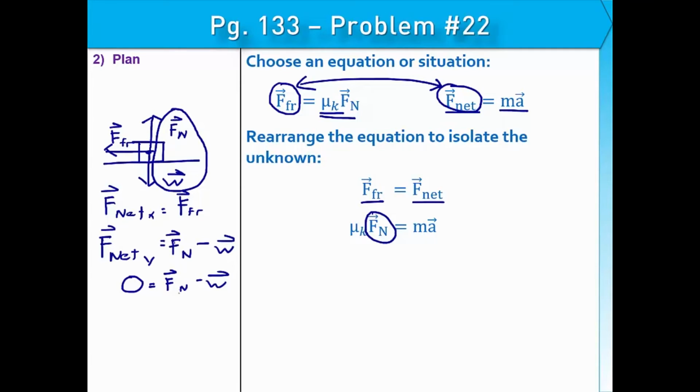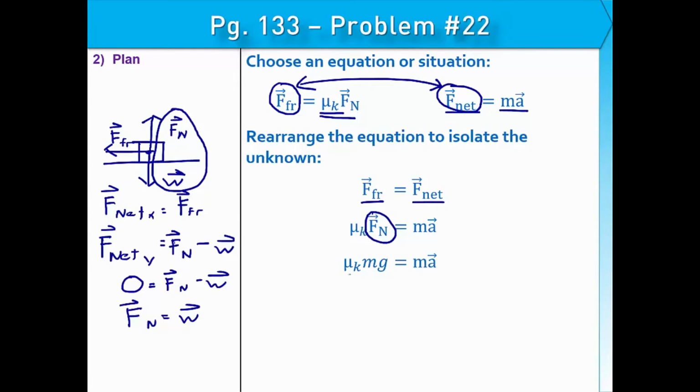Doing some algebra, the normal force is going to equal the weight. Now I know what to substitute for the normal force: I'm going to substitute my weight, and the weight is equal to mass times g.